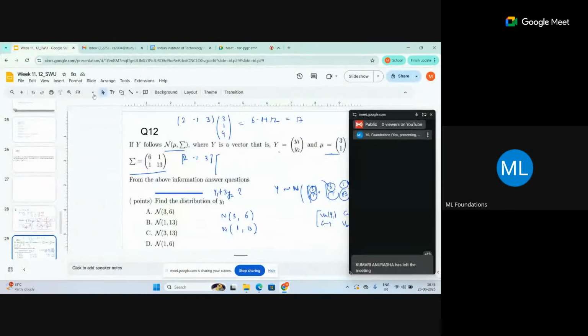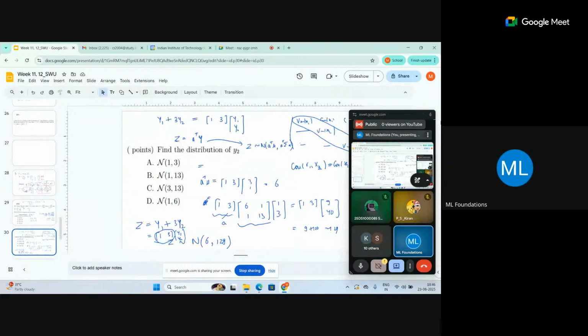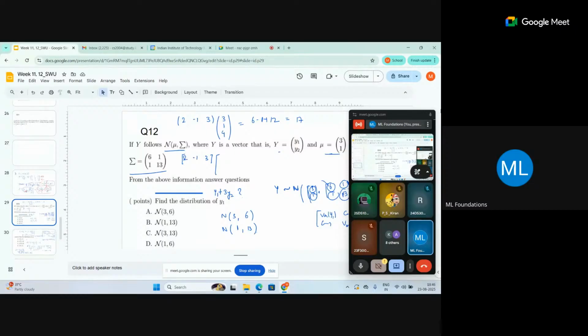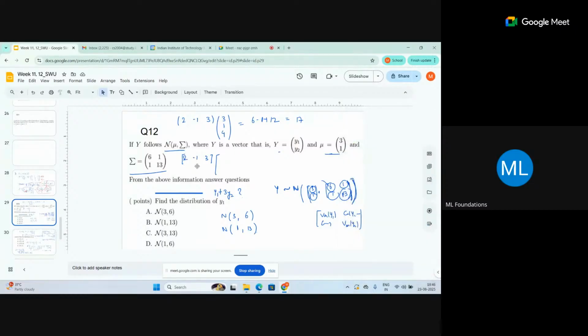Fine. Okay, maybe I'll solve this. What is given to me is that y follows this normal distribution, and y1 is equal to this, and mu is equal to this, and then I need to find its distribution. It is pretty simple, right? What is the distribution of y1?